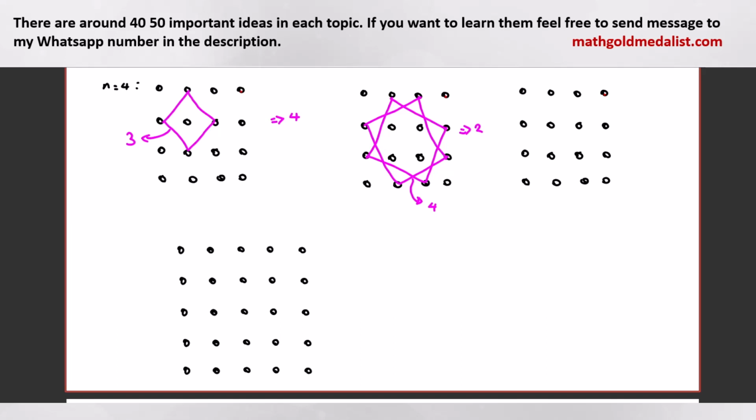Why? Because you can only make them using the 3 points in the middle. Okay, let's check. I should use, for example, this side, right? And I should connect one from here to here, right? If you connect this one to this one, then it will be this, right? If we connect this one to this one, it will be this, right? If we connect, for example, this one to this one, it's not good because it will be outside, right?